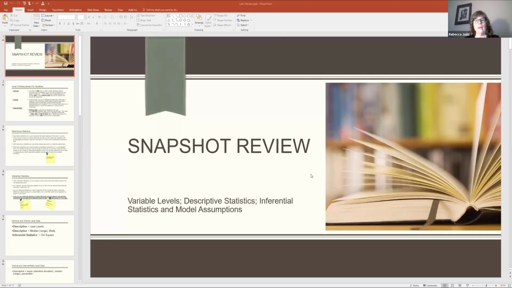So let me share my screen here. Okay, this is, again, just going to be a snapshot review of the things that we've already talked about: variable levels, what descriptive statistics are and what they do, the inferential statistics, and just a brief touch on those model assumptions.